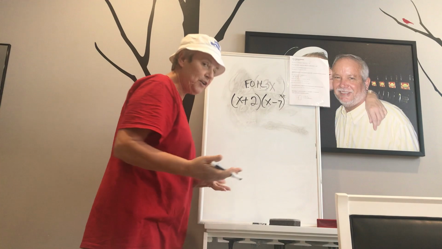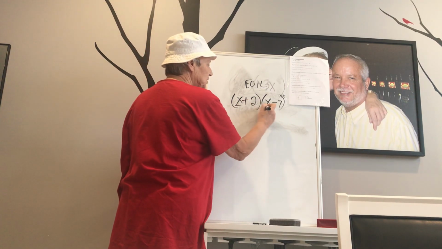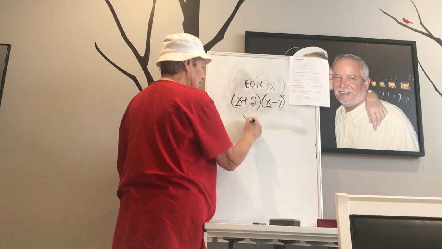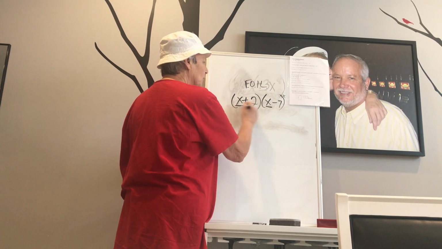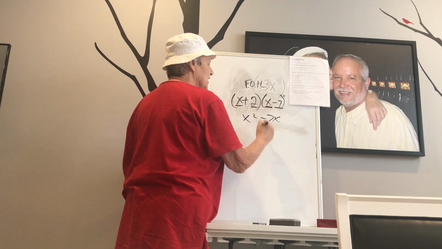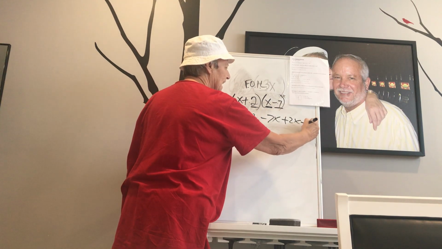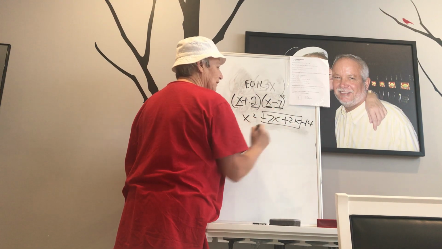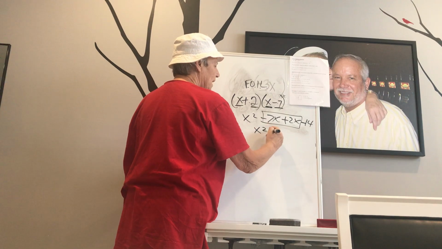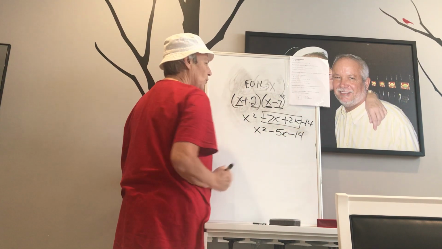Now, I'll show you the FOIL thing because all your upper teachers do. First, in each binomial, x squared. Outer, negative 7x. Inner, positive 2x. Last, negative 14. And then you have like terms: x squared minus 5x minus 14.